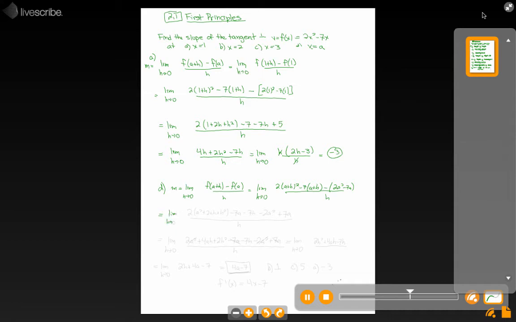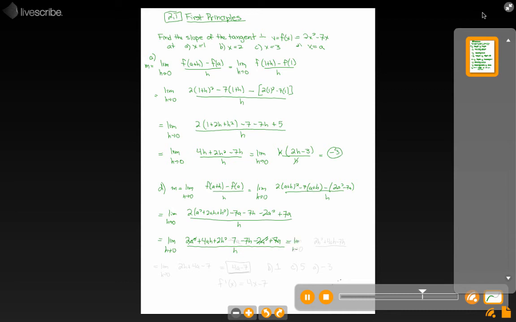Put the limit as h goes to 0 of 2 times (a squared plus 2ah plus h squared) minus 7a minus 7h minus 2a squared plus 7a, all that over h. Without cutting too many corners, to show my work, I've got 2a squared plus 4ah plus 2h squared minus 7a minus 7h minus 2a squared plus 7a.